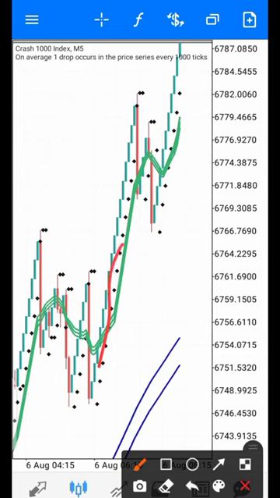Parabolic SAR is a trend indicator that quickly spots a reversal in the market. And this moving average also determines the market trend, the market structure. So it tells us the direction of the market before we decide what we are going to do in that particular market.